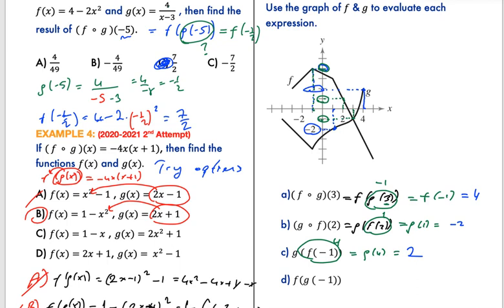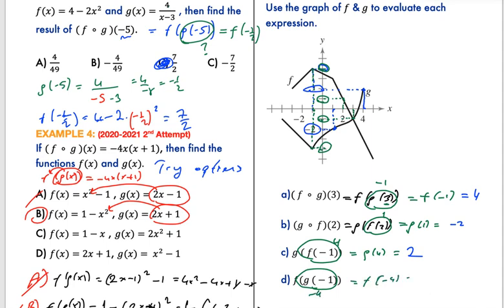And finally, g of -1 is the inside function. Start with g of -1. Here I am. Go to function g. G is below x-axis. When I hit the graph, I go across to find the corresponding y value, which is -1, -2, -3, -4. So my inside function is -4.